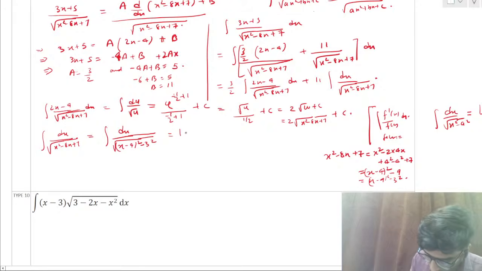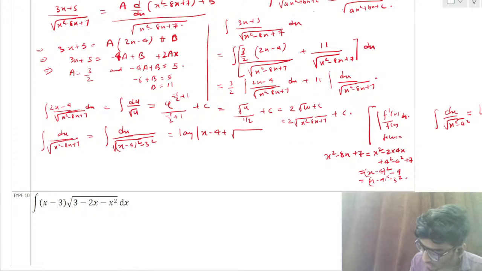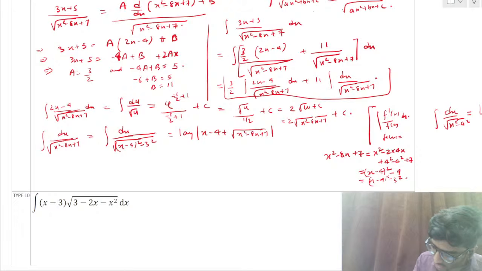It will be log of mod of x minus 4 plus under root x square minus a square, which is nothing but x square minus 8x plus 7. So we are finding this integral.